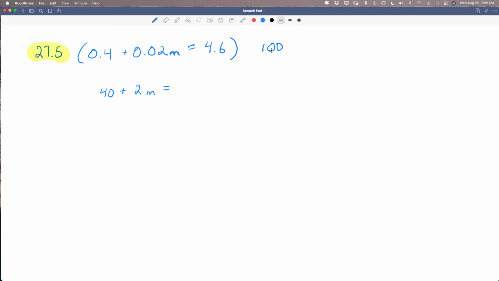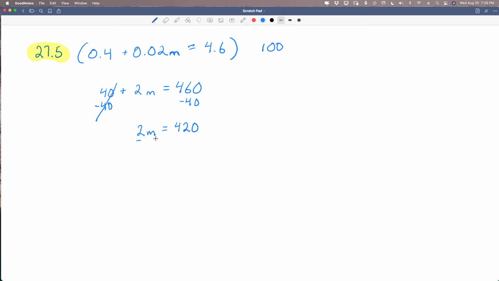That's what 100 is, 2 decimal places, and that becomes 460. Now this is a problem that we can solve more readily. All we have to do now is isolate our variable by subtracting our constant from both sides. This cancels. So this becomes 2m equals 460 minus 40 is 420.